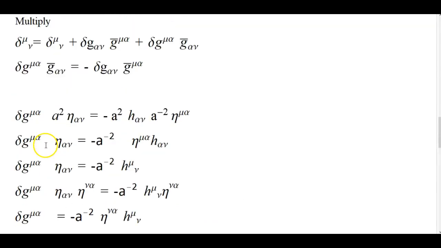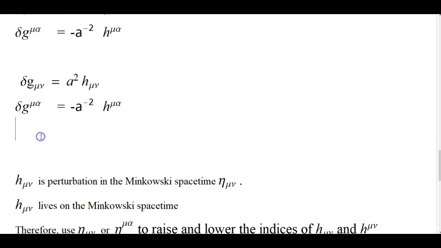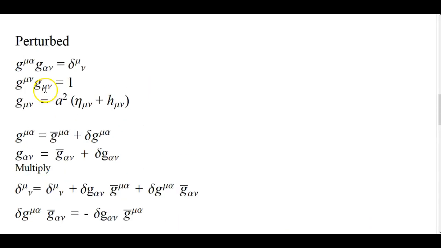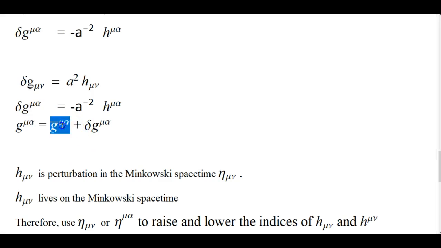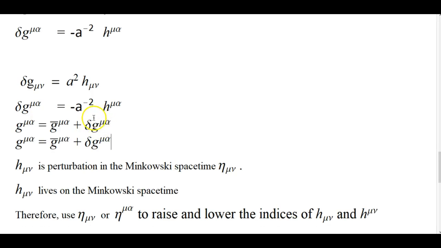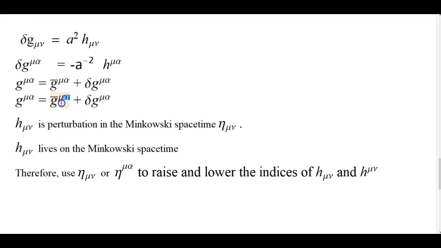Therefore, this guy G bar mu alpha is this, and this guy is this. This, and this guy is this.